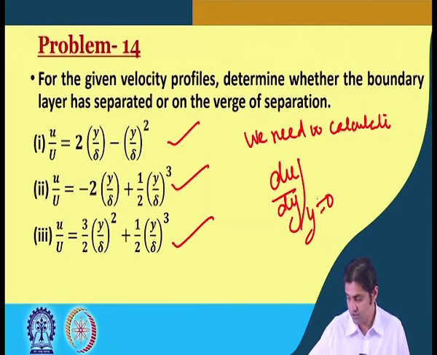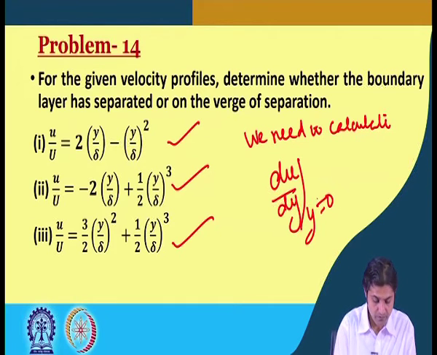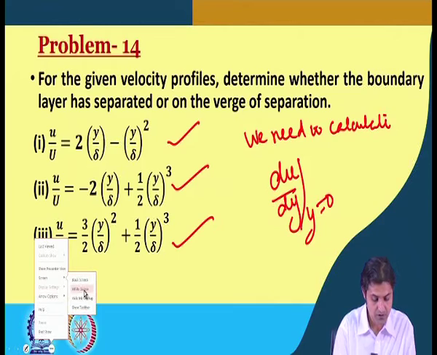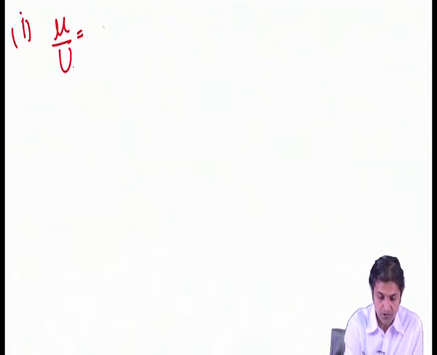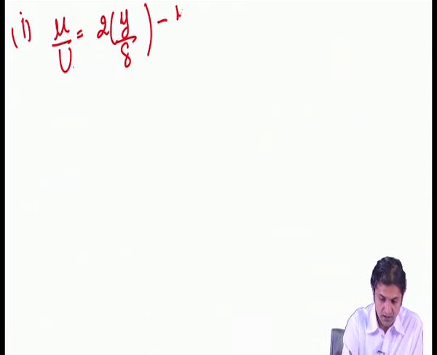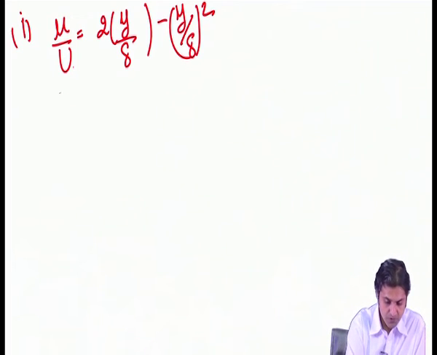If it is 0, then it is on the verge of separation. So, let us say for part 1, small u by capital U is equal to 2 into y by delta minus y by delta whole squared. Okay. So, let us do du/dy.